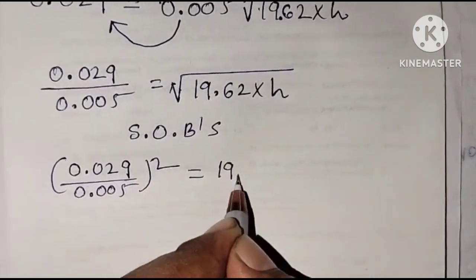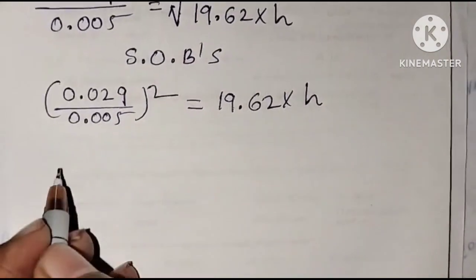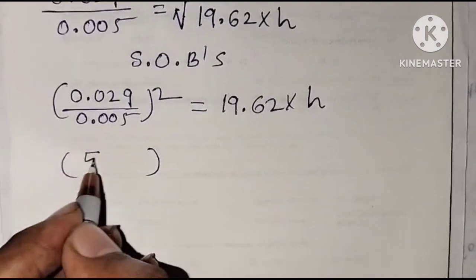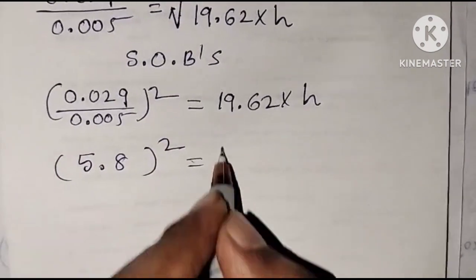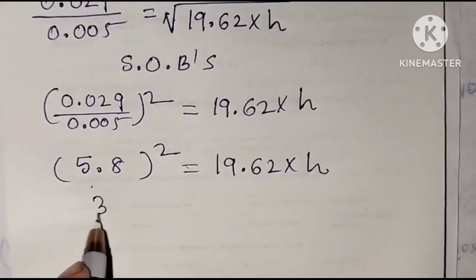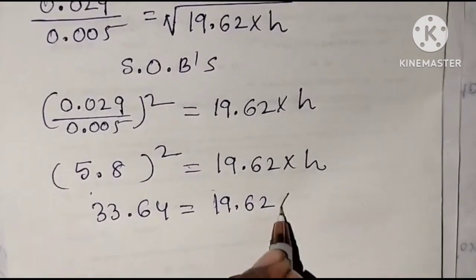The square root gets cancelled, and you will get 19.62 into H. So 0.029 by 0.005 value is 5.8. Whole square is equal to 19.62 into H. So 5.8 whole square means 33.64 is equal to 19.62 into H.